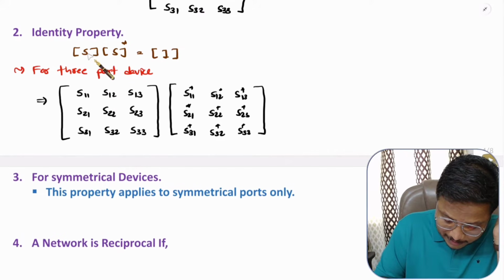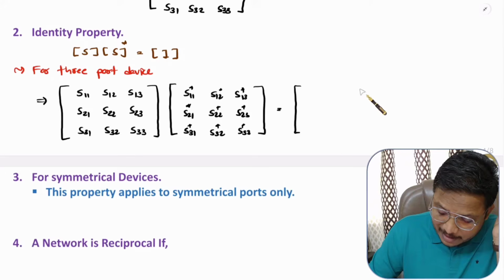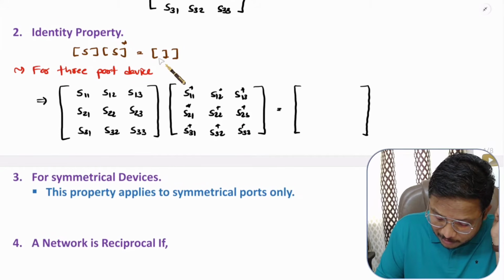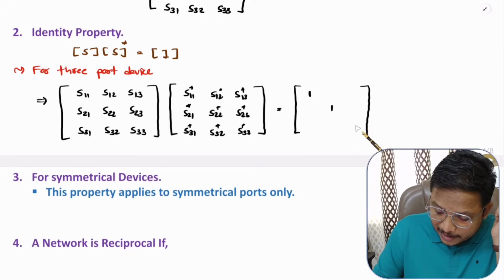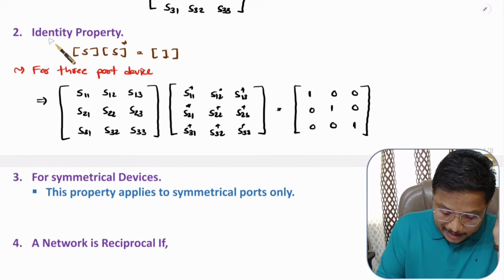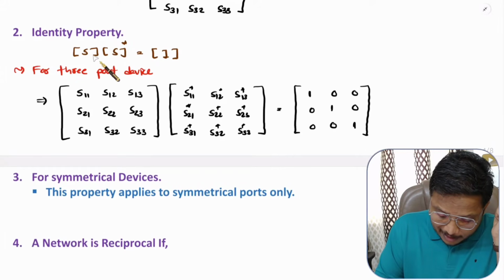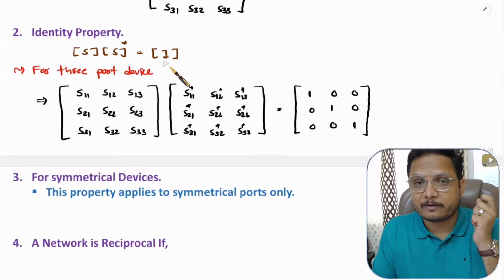So S matrix into conjugate of S matrix is the identity matrix. Identity matrix has diagonal 1 and is also of order 3 cross 3. So you observe the diagonal is 1 over here and other elements are 0, right? So the identity property explains that the S matrix into the conjugate of that S matrix equals the identity matrix, right?